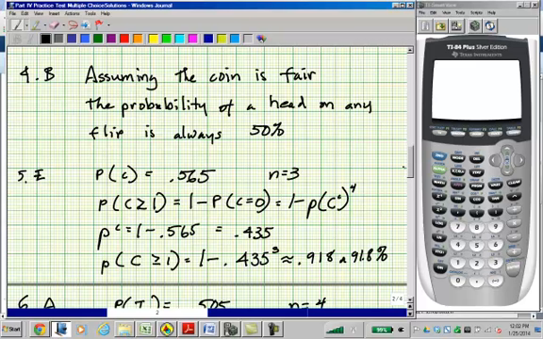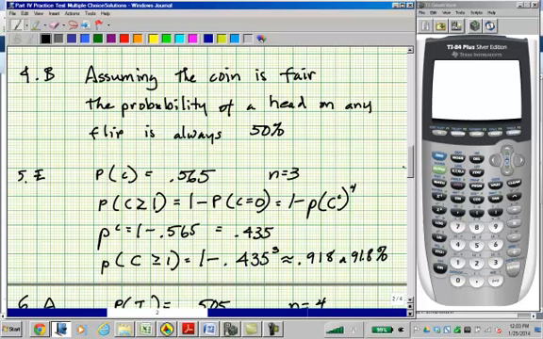Now, there's a couple different ways to look at this. First of all, it's a very simple question. We want to know the probability of at least 1 out of 3. Well, that means subtract from 1 the probability of none.